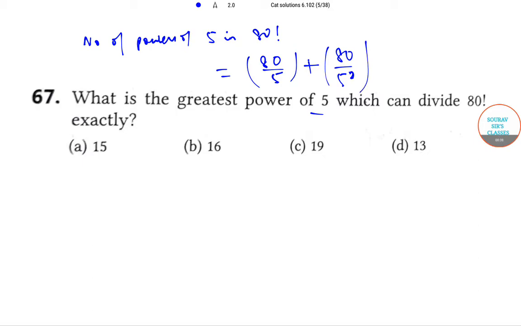Now we'll just take the whole number parts. So this is 16 plus 3, that is equal to 19. So option C is the correct answer.